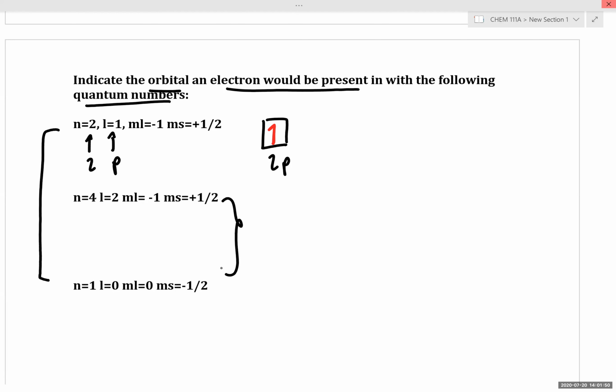We'll discuss this example in about 2 to 3 minutes.